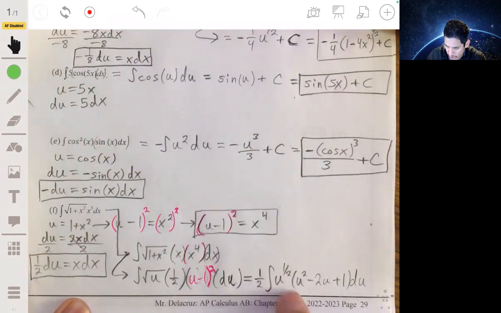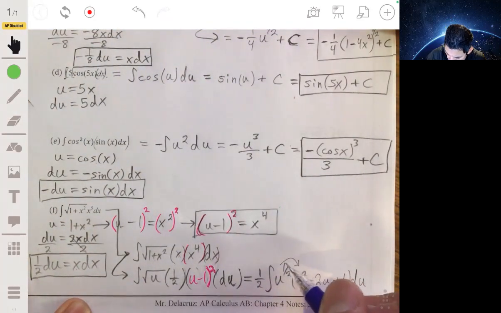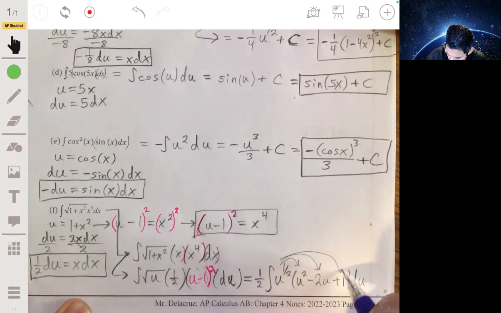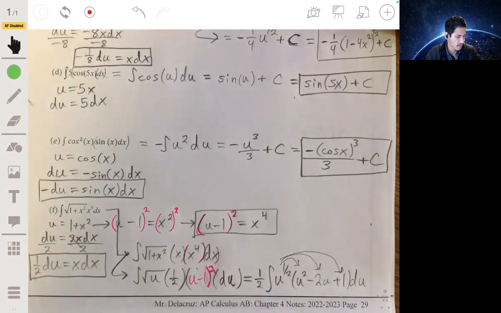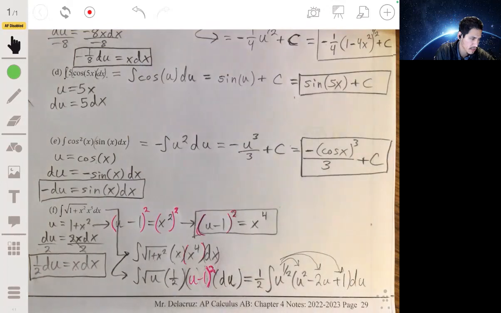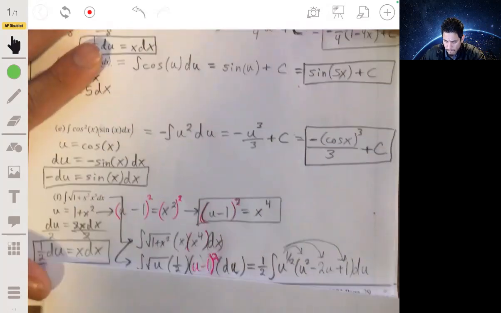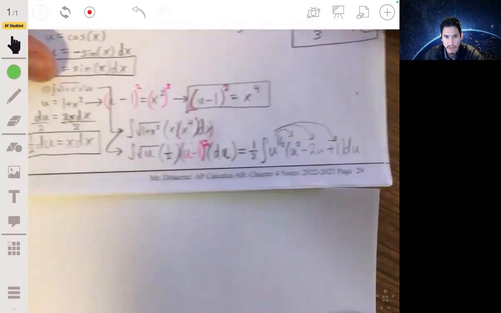And I'm going to multiply then each of these by u to the 1/2. And let me grab an extra sheet of paper so I don't cram all the writing in there. Improvising.